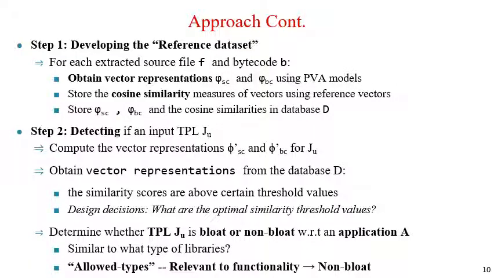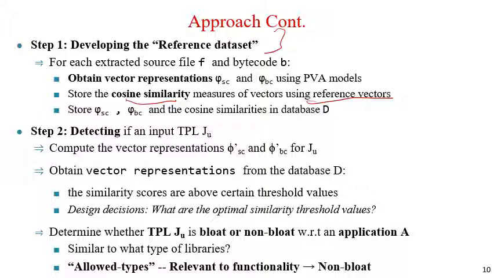So now, once we develop this reference dataset, which contains the vector representations of all the Java jars which we have extracted from Maven Central, and as I just discussed, we also store the cosine similarity of these vectors using some reference vectors, we now have a reference dataset.